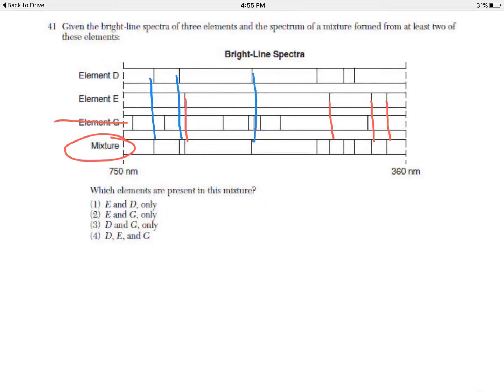The lines from element D are present in the mixture, so the mixture contains both E and D. Answer number 1. So that's spectroscopy, seeing what elements are present in a mixture or a sample based on the line spectrum that's given off by that sample.